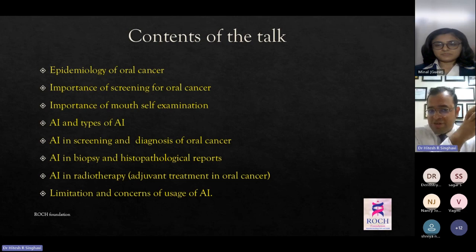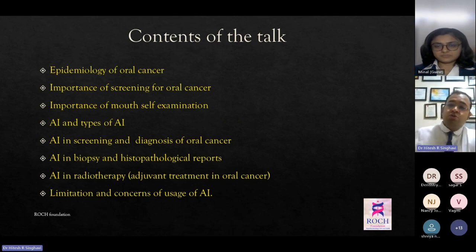Importance of mouth self-examination and how we can use AI to screen oral cancer even in mouth self-examination. When I say mouth self-examination, that means even a lay person will be able to use AI for examination of the mouth. Then AI in screening and diagnosis of oral cancer, in biopsy and histopathological examination, AI in radiotherapy, and of course, what are the limitations and concerns in the usage of AI?